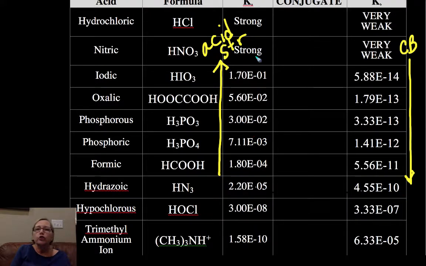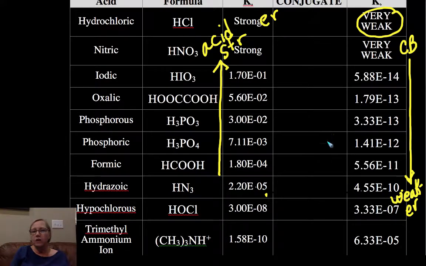So the stronger my acid, the weaker my conjugate base. That's why I want you to use those terms, because you look at one here, that's a weak acid, that's a weak conjugate base. So that's why we can't say just strong and weak. We want to say stronger and weaker.